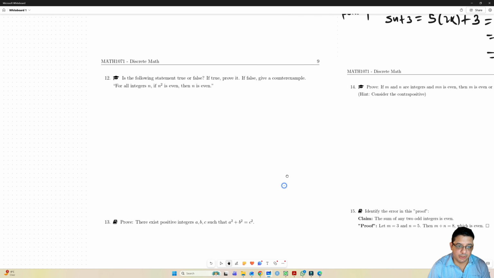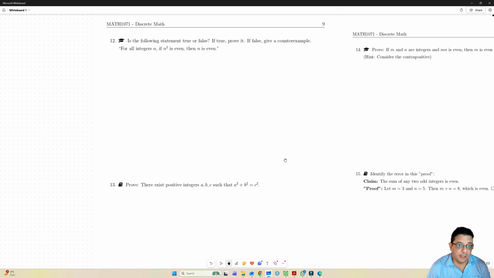Now, question number 12. Let's check if the following statement is true or false. If true, prove it. If it's false, give a counterexample. For all integers n, if n squared is even, then n is even.